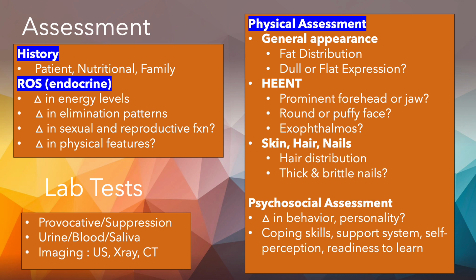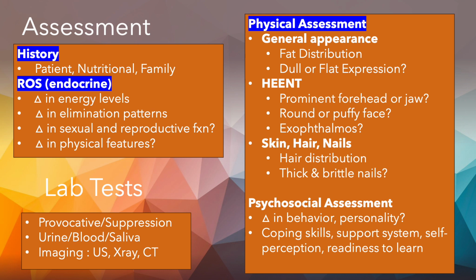When you assess patients who have endocrine issues, you want to start with, well, you know how we always start with history, and we review the systems, and then we ask the questions before we go into our physical assessment, right? Some of our questions for history should include family history, nutritional history, and their own past medical history.